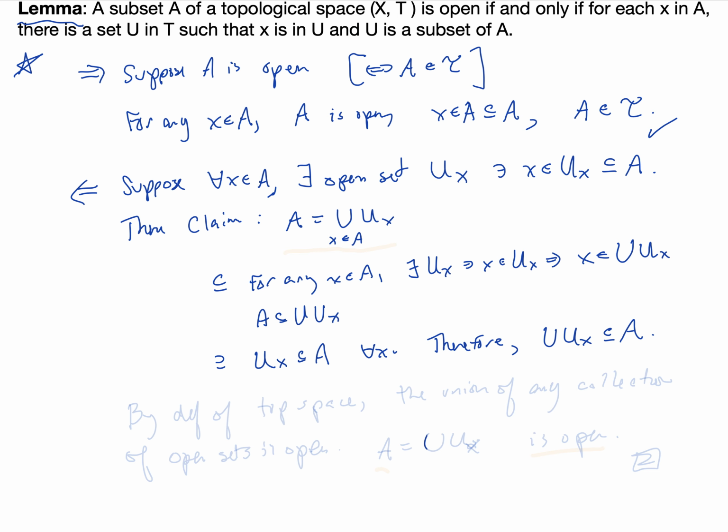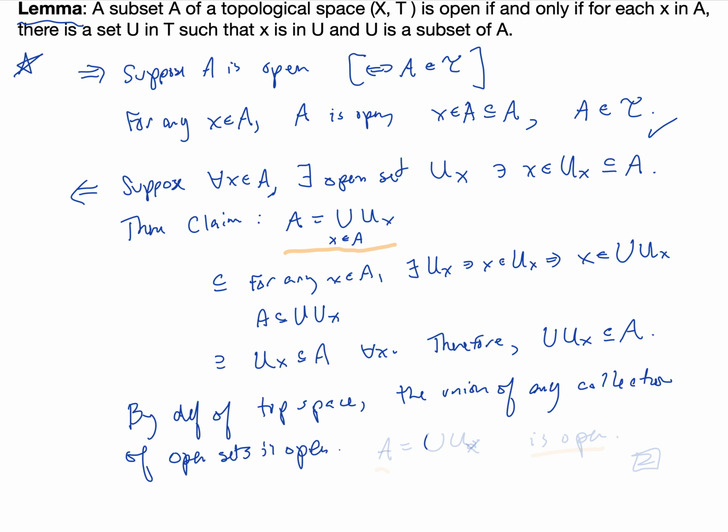We know that A is the union of these U sub x's, and now, by definition of a topological space, the union of any collection of open sets is open.